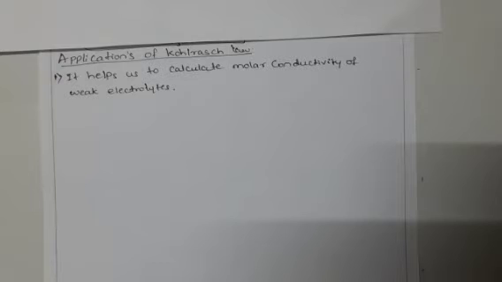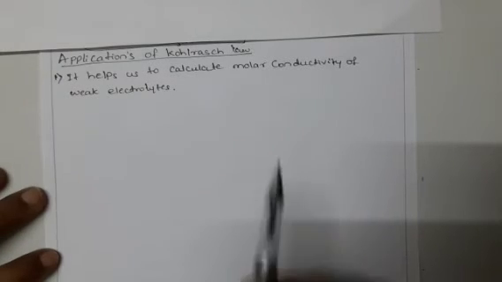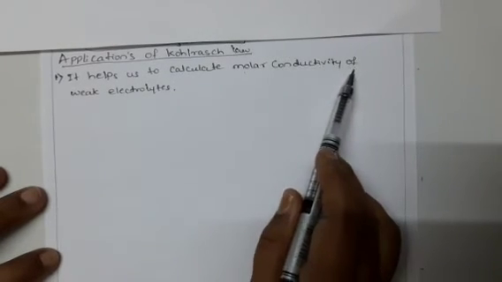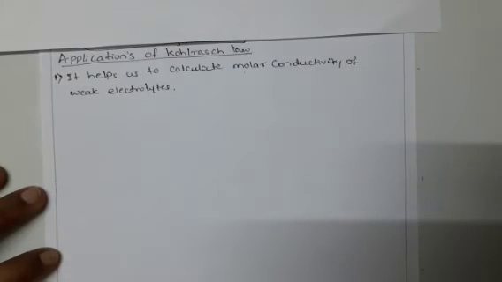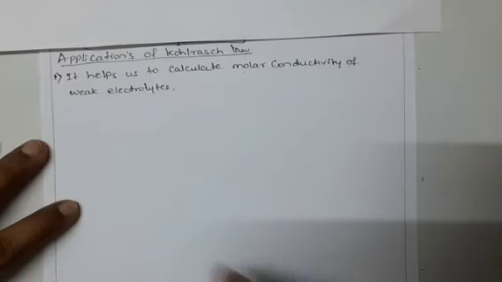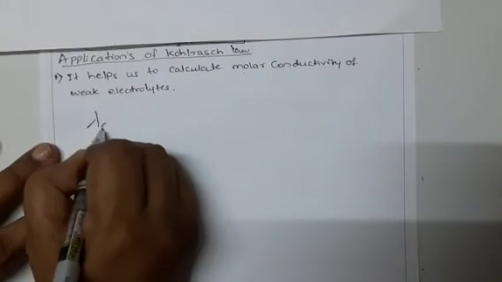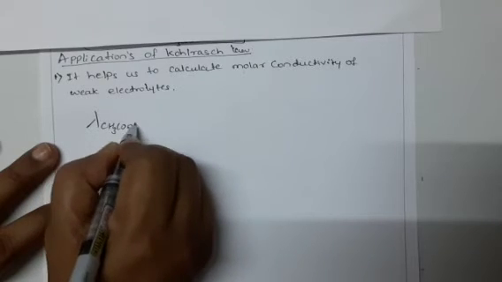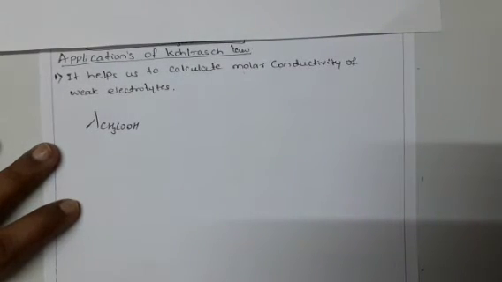Applications of Kohlrausch law. First, it helps to calculate the molar conductivity of a weak electrolyte. What do you mean by the molar conductivity of a weak electrolyte? For example, we have to calculate the molar conductivity of a weak electrolyte, that is acetic acid, isn't it? How do we calculate the acetic acid molar conductivity?